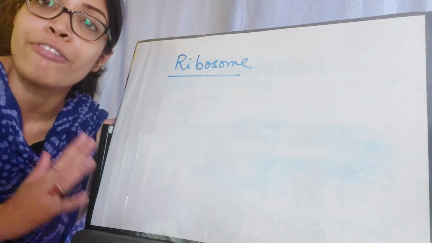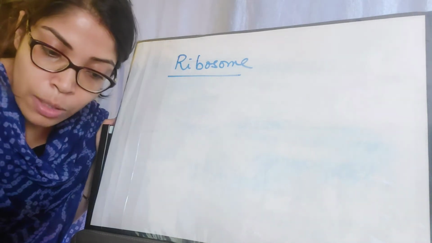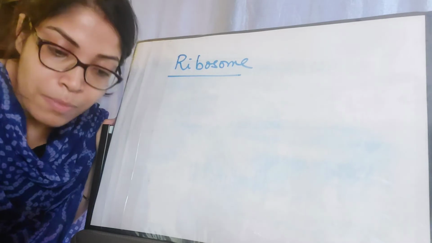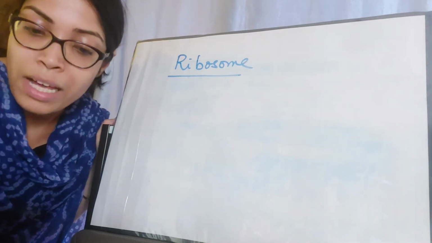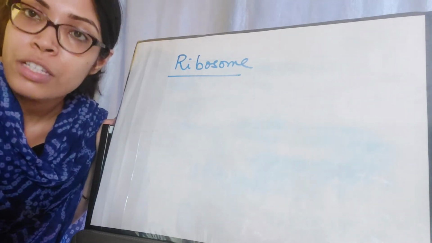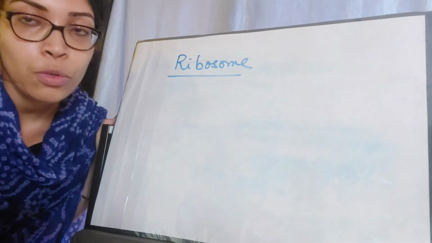So basically there are 5 possible locations of ribosomes. Firstly, freely scattered in the cytoplasm. Second, matrix of mitochondria. Third, matrix of chloroplast. Fourth one is outer membrane of cisternae, and last one is outer membrane of the nucleus.